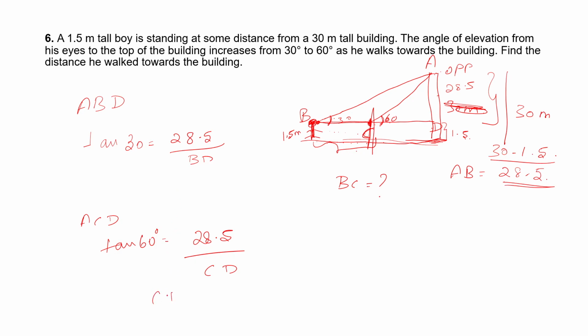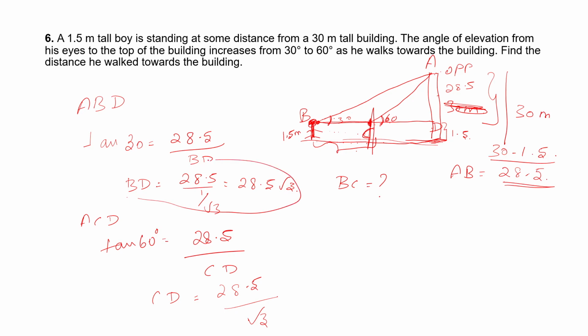Here CD is equal to 28.5 by tan 60, which is 28.5 divided by root 3. And BD is equal to 28.5 divided by 1 by root 3, which is equal to 28.5 root 3. So we have found the value of BD and the value of CD.